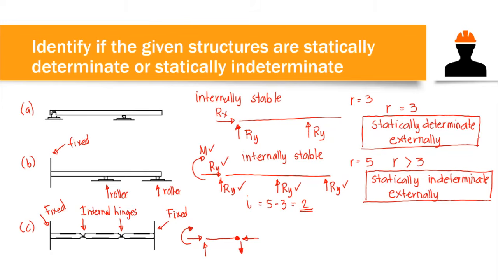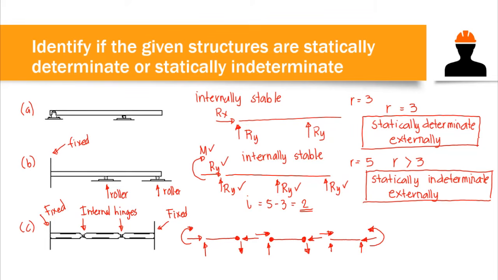For the middle member, since these are opposite in direction, we have upward and rightward forces, and at this point, we have downward and leftward forces. For the leftmost member, we have opposite directions, and on the fixed support, we have an upward force, a horizontal force, and a moment.